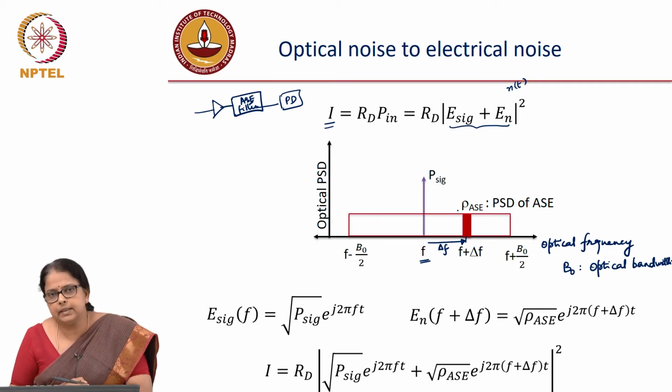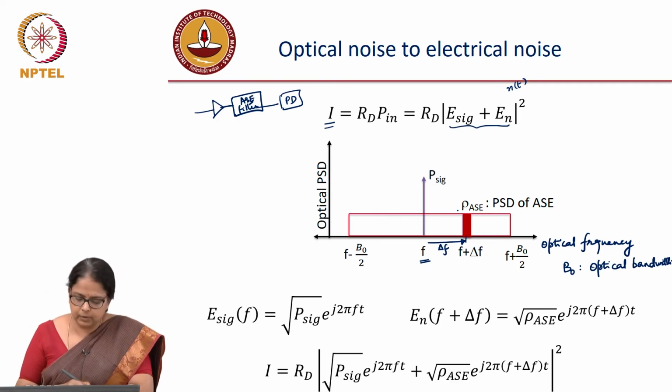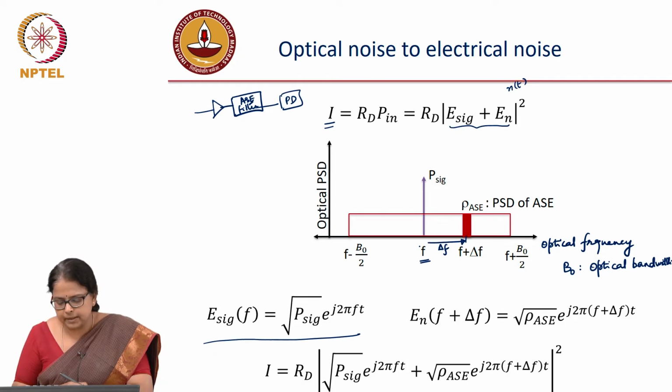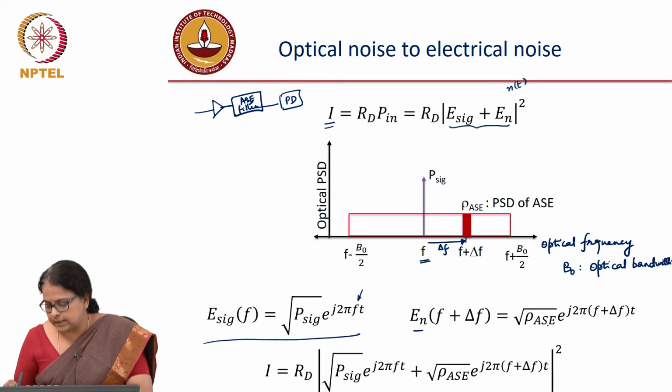Now I am going to represent that signal field and noise field. That is what we have done in the equations below. The signal field at frequency f is represented by the square root of power times e to the power j 2 pi f t, because it is located at the center frequency f, whereas the noise field at the frequency f plus delta f is the square root of rho_ASE, where rho_ASE is the power spectral density, times e to the power j 2 pi (f plus delta f) t.